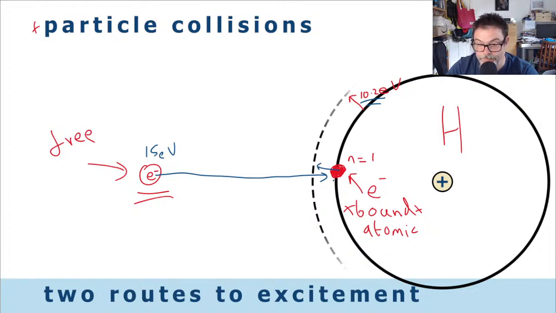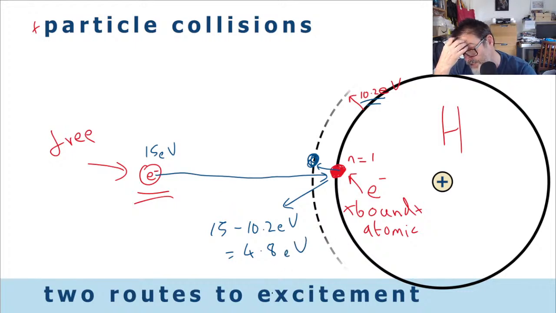So it's going to take 10.2, meaning that it's excited into this level, meaning that our electron can bounce off with the difference of 15 minus 10.2, whatever that is, 4.8. So in other words, our incoming free electron now has 4.8 electron volts of kinetic energy.